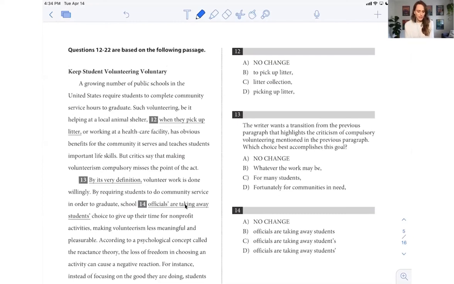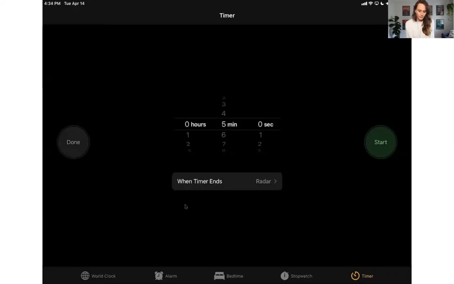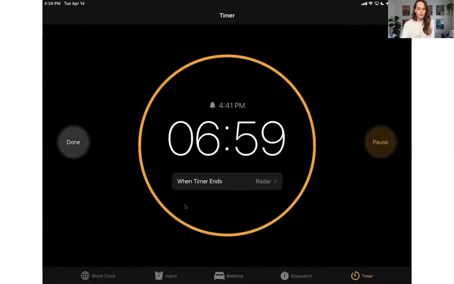So I'm going to set a timer, if I can find my timer, for 7 minutes. And then I am going to check in with you when the timer's up.